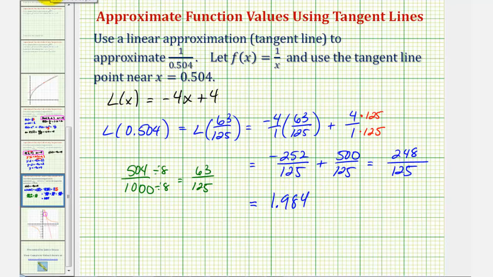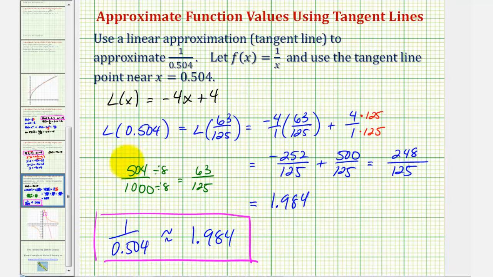So using our tangent line, we approximated that 1 divided by 0.504 is approximately 1.984. Let's go ahead and use our calculator to determine the exact quotient and see how close this is.